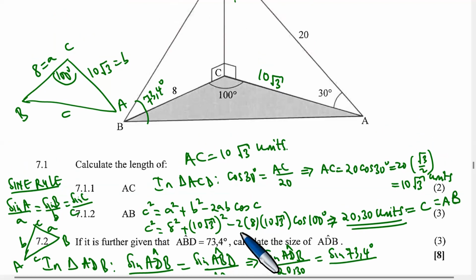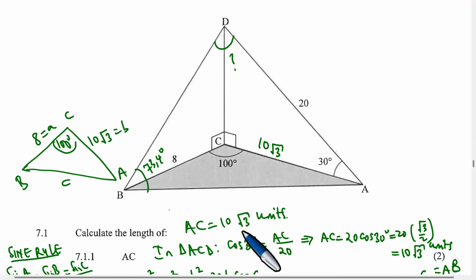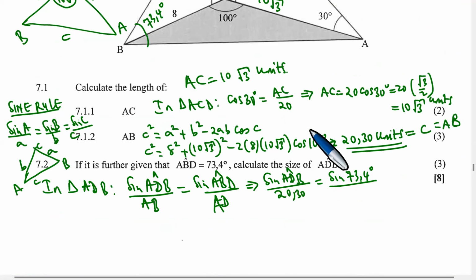What is AD? AD is 20, so you put 20 here. Then you just need to get what they want, ADB.